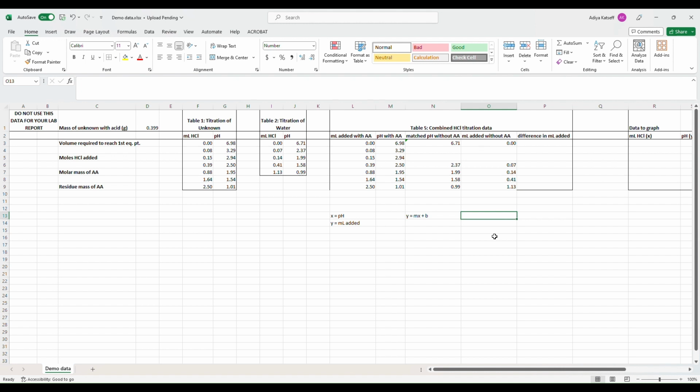So the next thing we want to do here is calculate the slope. The formula for slope, as we hopefully remember, is the difference in y values divided by the difference in x values. Here I'm going to write it as y2 minus y1 divided by x2 minus x1.